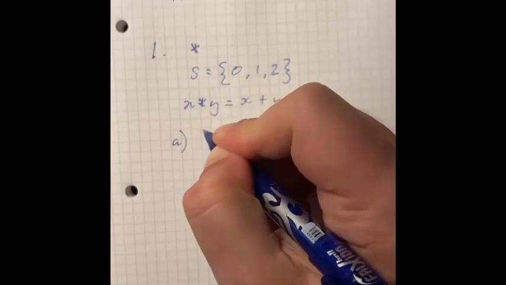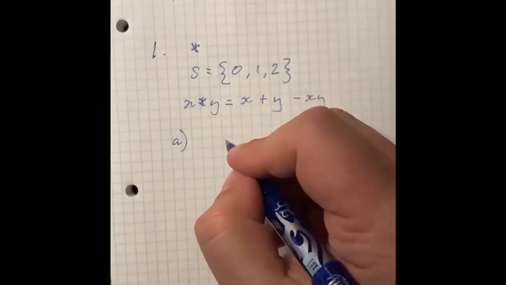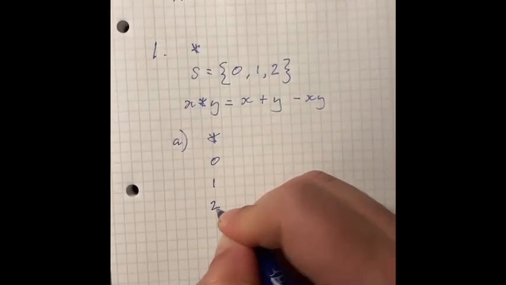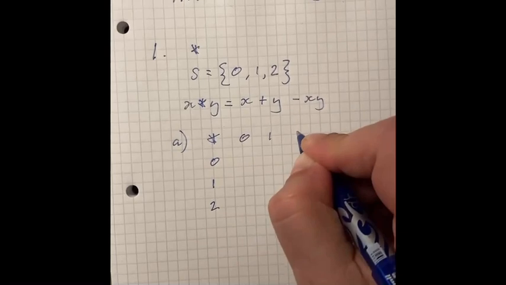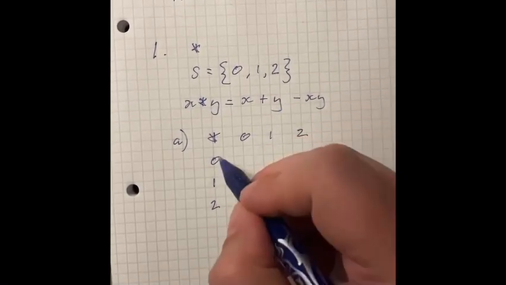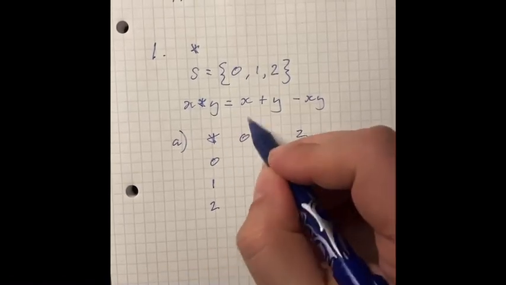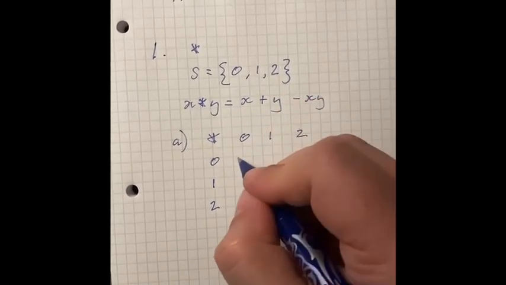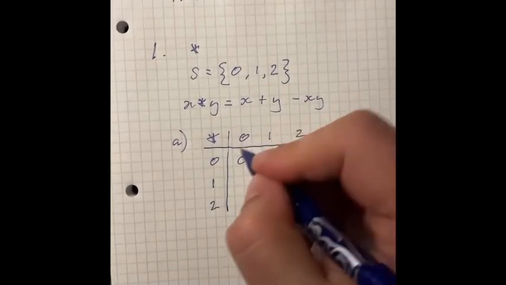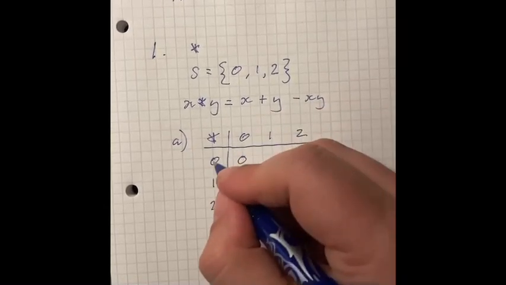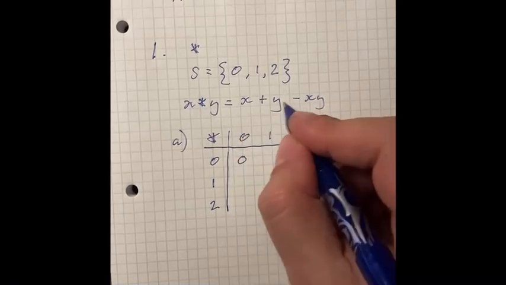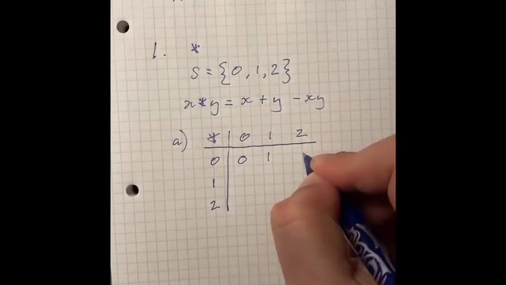We get a table to try and copy and complete. So we have the star, 0, 1, 2, 0, 1, 2. Let's go through it. So 0 star 0, 0 plus 0 minus 0, that's 0. 0 star 1, whenever we have a 0 in it, that's obviously going to be 0, and that plus that is going to be the number, so that's going to be 1 and 2.